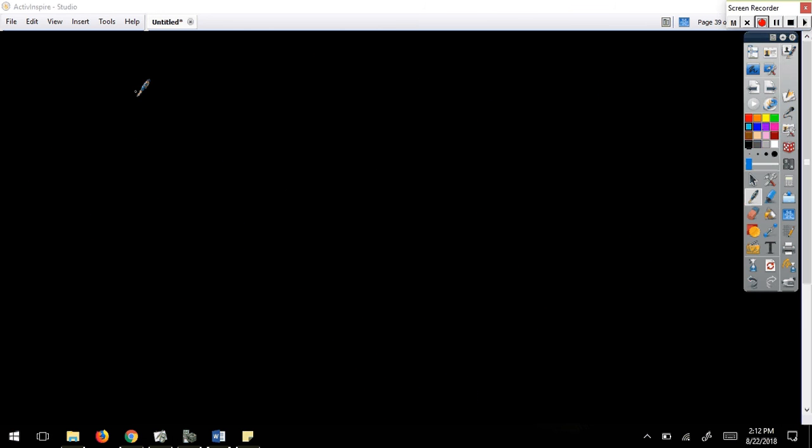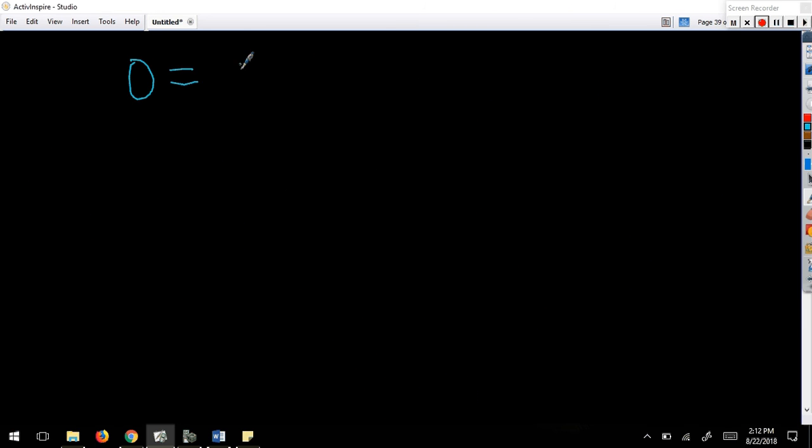What if I have 0 equals 2x minus y? This one's a little bit harder. This one's kind of tricky. It's in standard form. So in standard form, I want to do cover up, right?